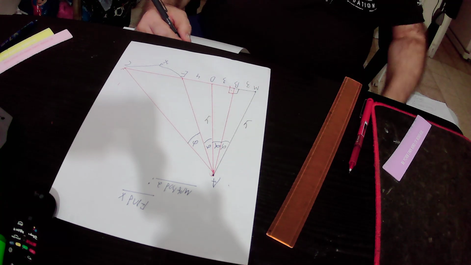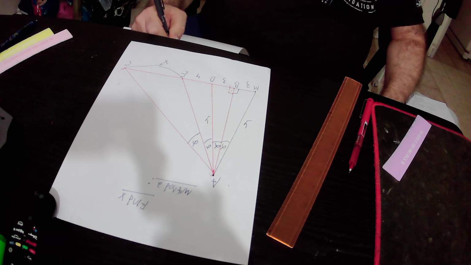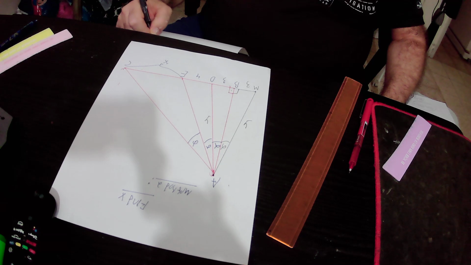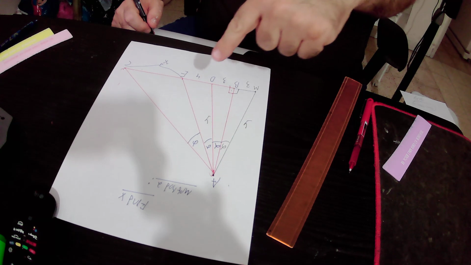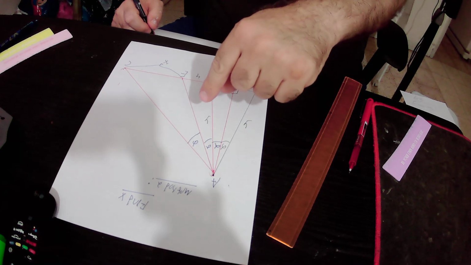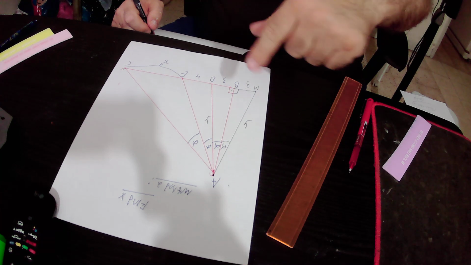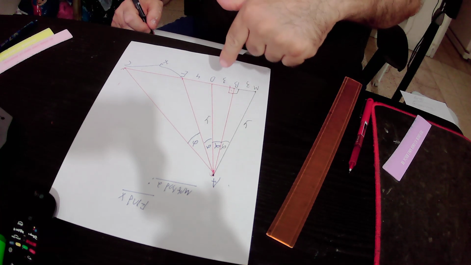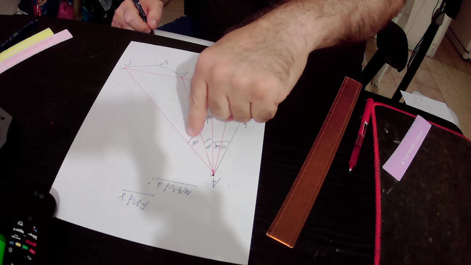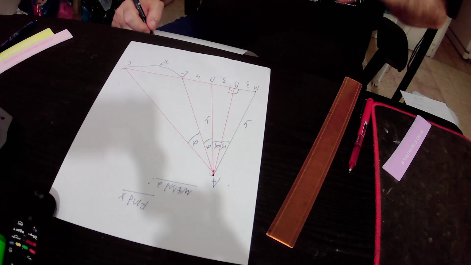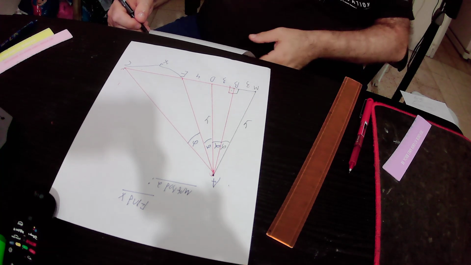Why is AE angle bisector? Because it divides angle DAC into two equal angles. This angle is alpha and this angle is also alpha, so AE is angle bisector in triangle ADC.